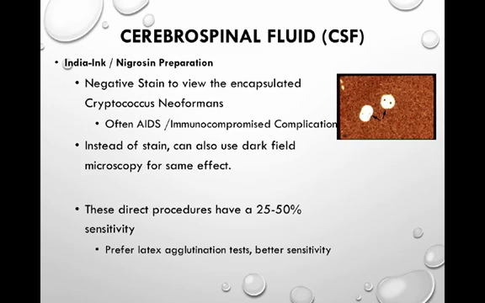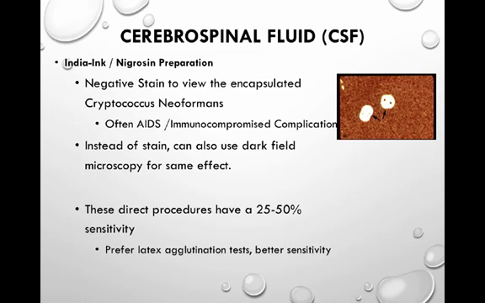Cryptococcus organism is surrounded by a capsule. So this staining procedure allows you to visualize that capsule. When the specimen containing the organism is mixed with the stain and viewed under the microscope, it can be seen or detected by how that capsule pushes away the stain particles, making the organism appear to glow in the center.